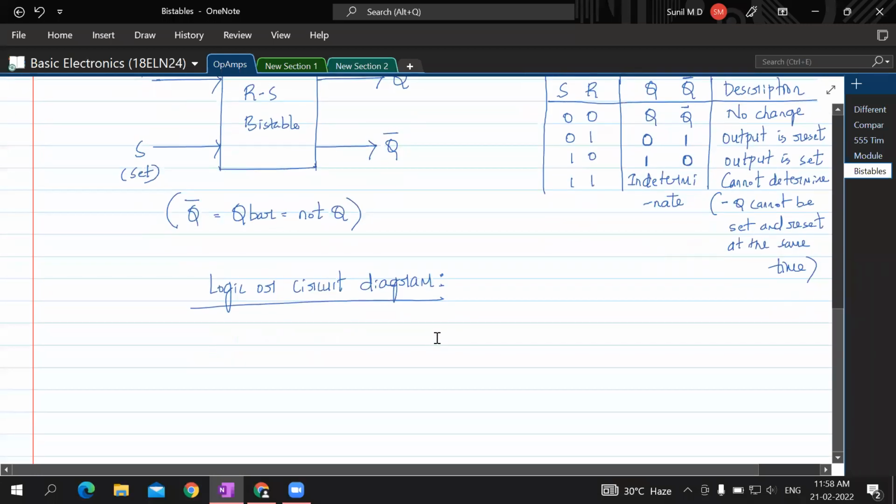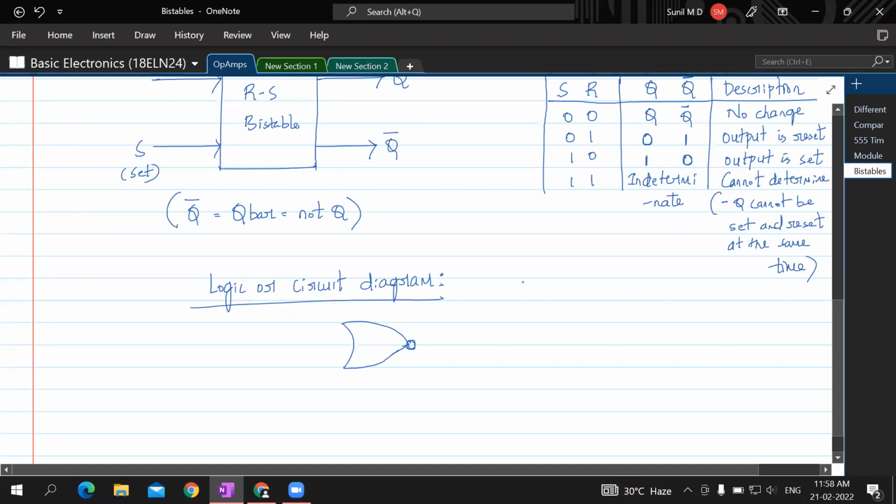Everybody see here now. We can realize this by using two NOR gates. Which gate is this? OR gate. Which gate is this? NOR gate. Very good.